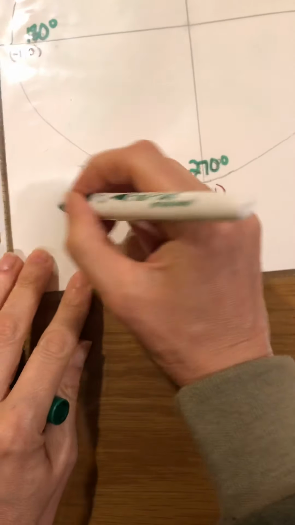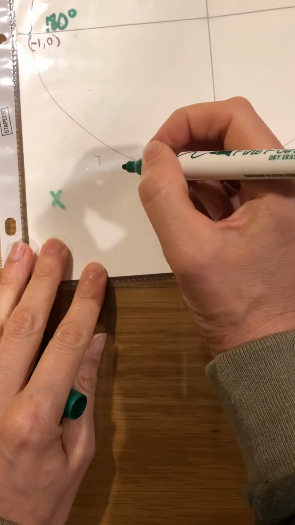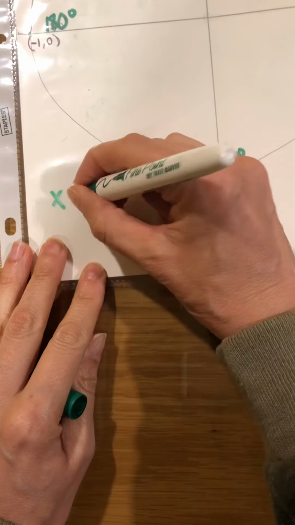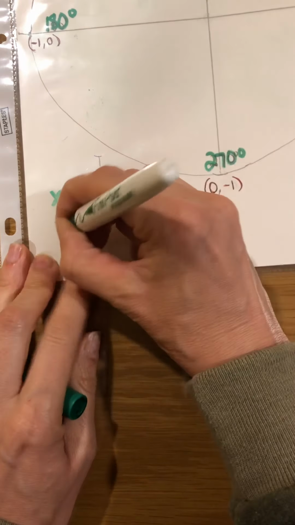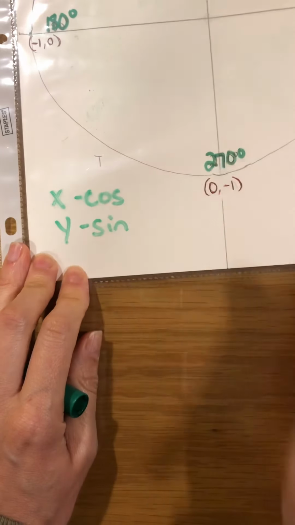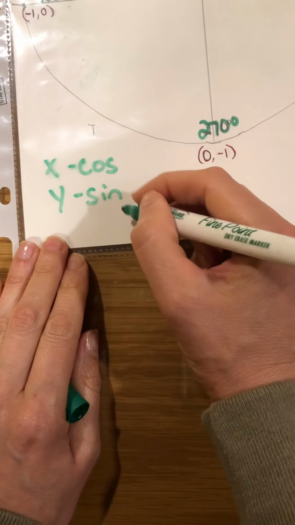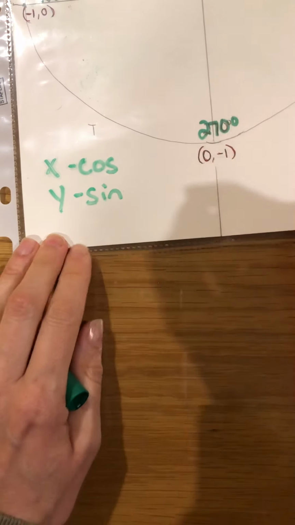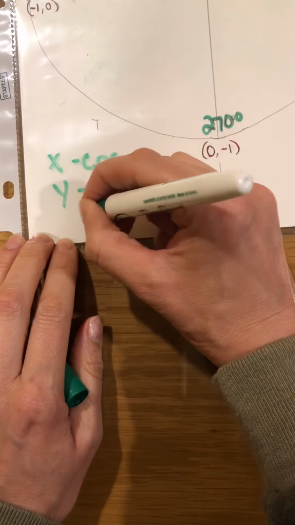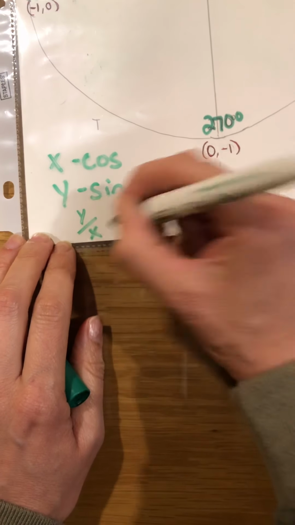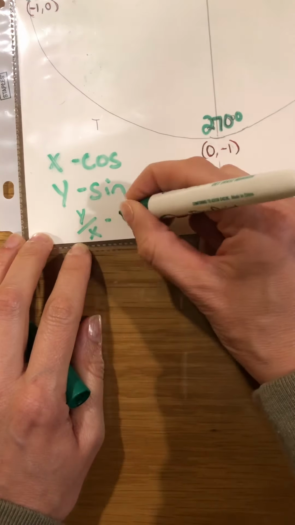Well, the x value coordinates with cosine. The y value coordinates with sine, and tangent, if you remember, is sine over cosine. So sine over cosine would be y over x, and that would be tangent.